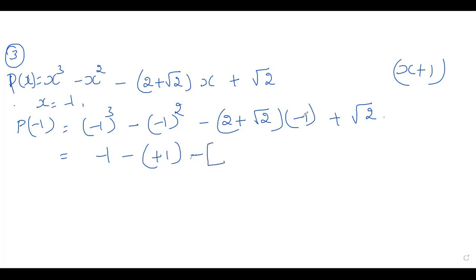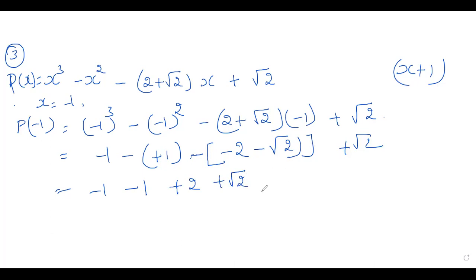First multiply this minus: this is -2 and minus root 2. So I have multiplied the 2 plus root 2 by -1. Next, root 2 is equal to -1. Minus into plus is minus, minus into minus is plus, again plus root 2, plus root 2.